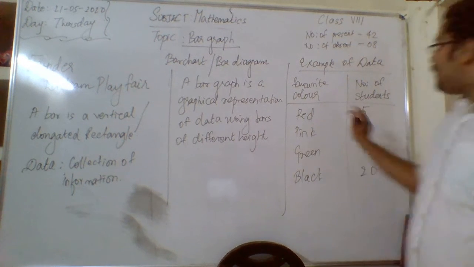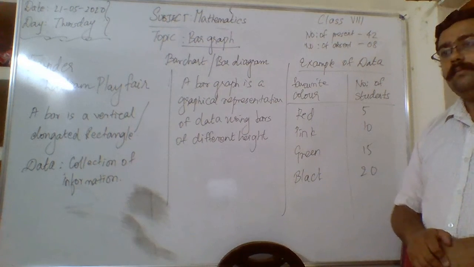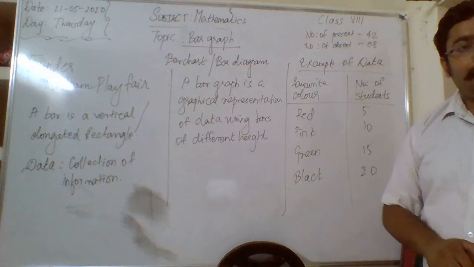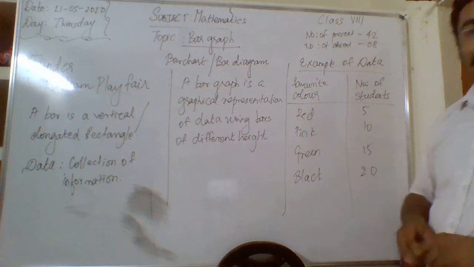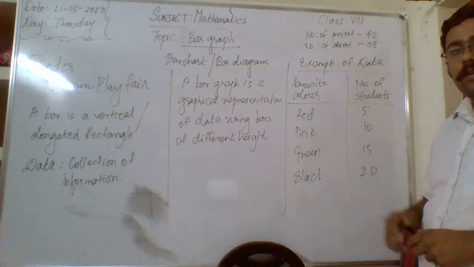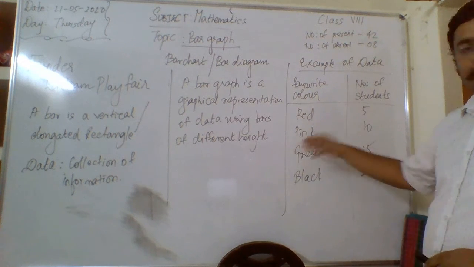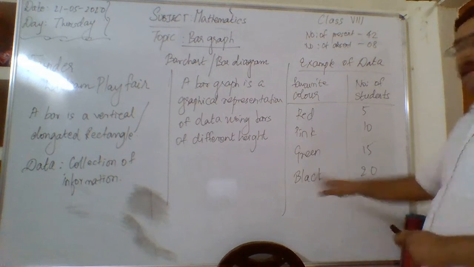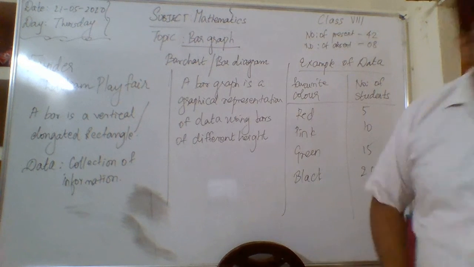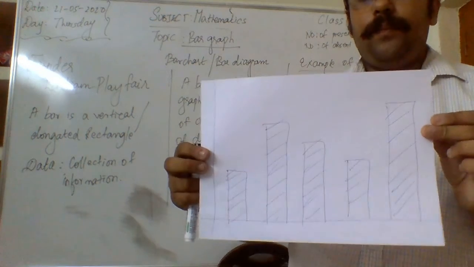From this data, can anyone tell me what you understood? Very right, correct. From this you can tell that this data shows the favorite colors and number of students. It means that 5 students like red, 10 students like pink, 15 like green and 20 like black. Okay, so by using this data, I drew this graph.